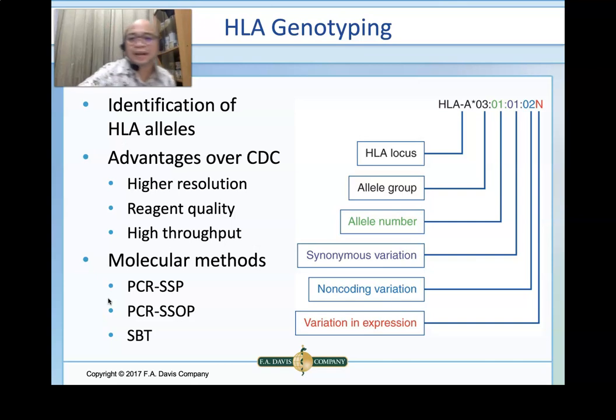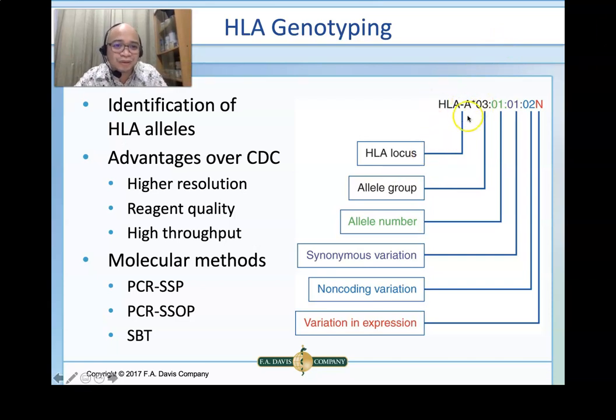Here we are actually identifying alleles. It has several advantages over CDC: higher resolution, reagent quality, and higher throughput. So it becomes more efficient, but more expensive, I suppose.